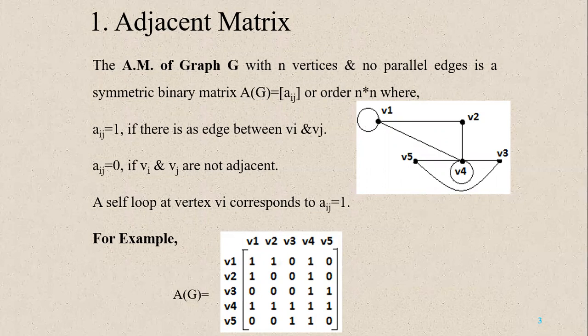Here, let G be a graph, with V, E being the vertex set and the edge set. Suppose the set V contains 5 vertices V1, V2, V3, V4, V5. These are the vertex set.